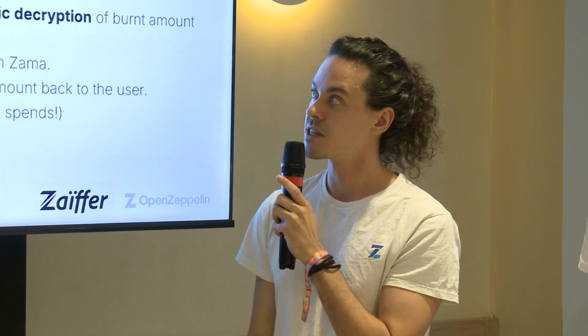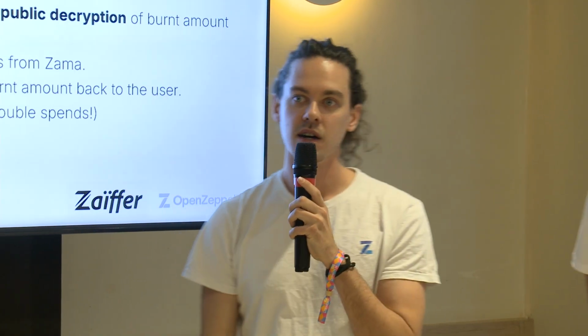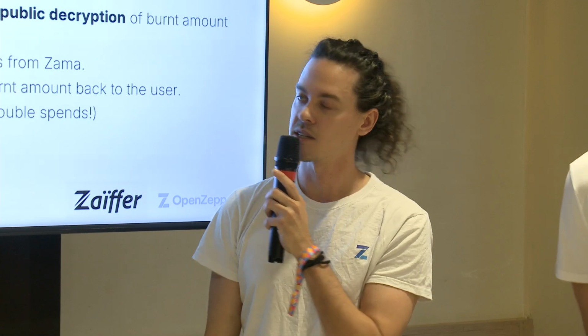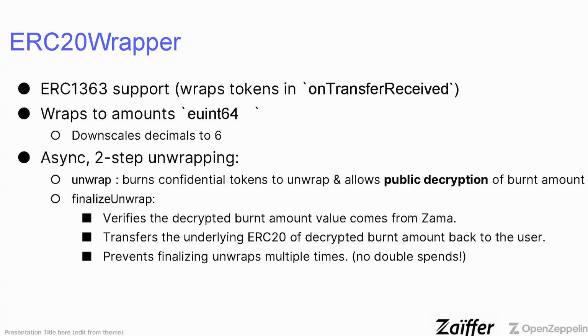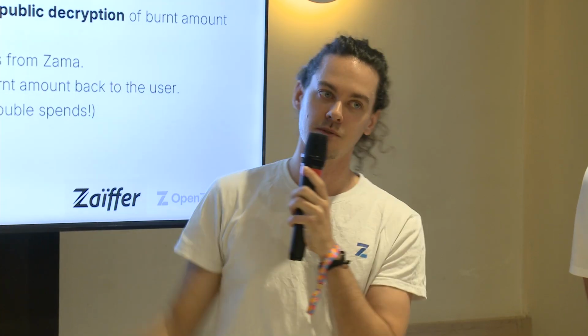There's also the ERC-20 wrapper. So this is basically a way to convert your ERC-20 token into an ERC-7984 confidential token. It has ERC-1363 support. Basically, this just means that it has an on-transfer received hook.